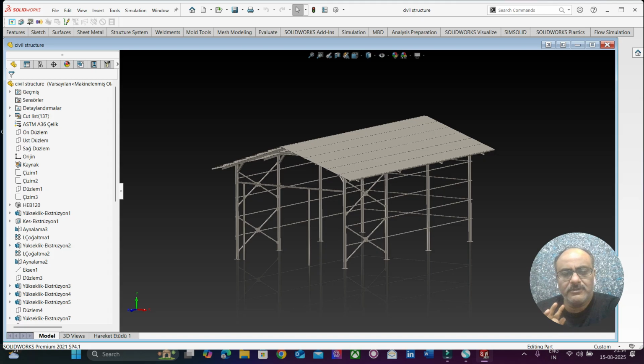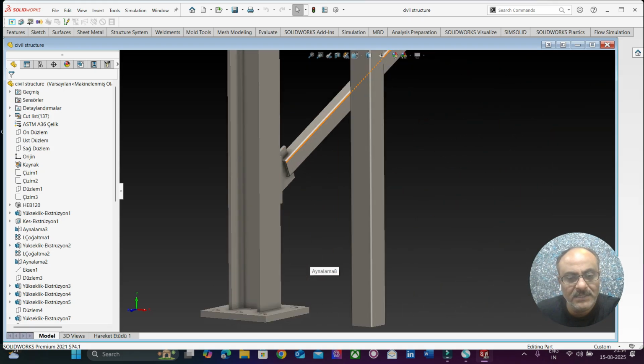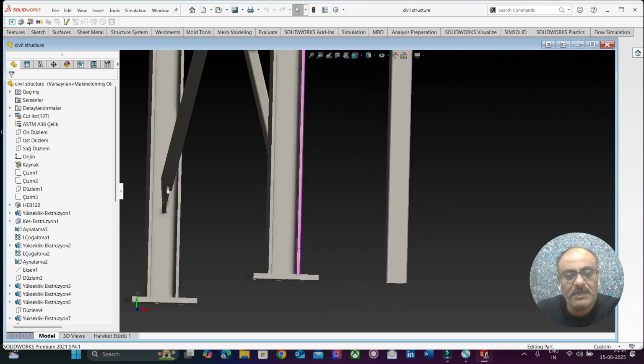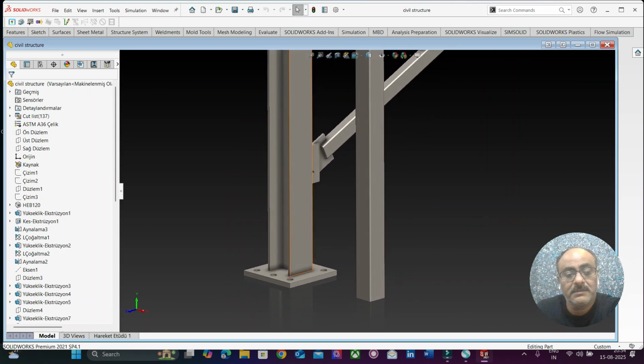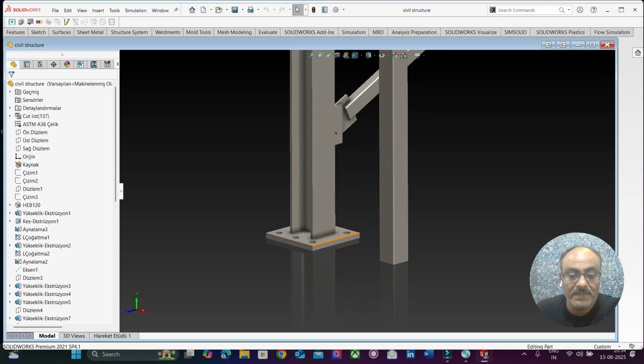We are using beams, ISMB beams. Then we have angles, we have tubes, tubular sections, and we also have plates. So we can see that this is an I section that's put on the plate.